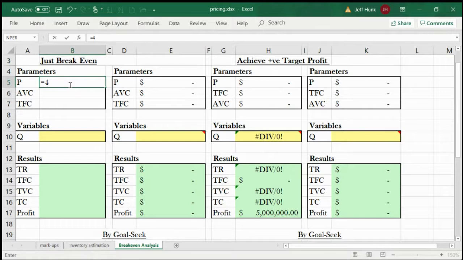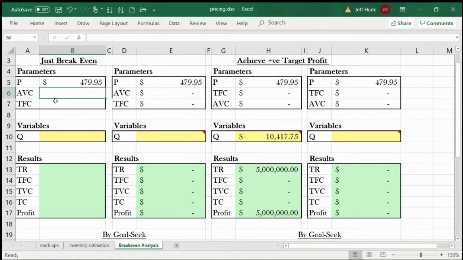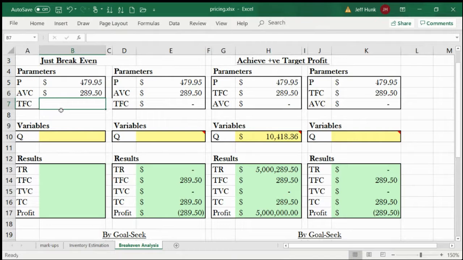The price is 479. And the production cost per unit, let's make it 289.